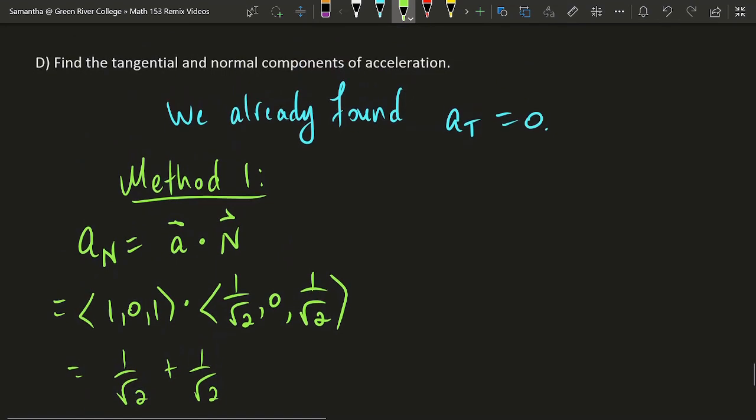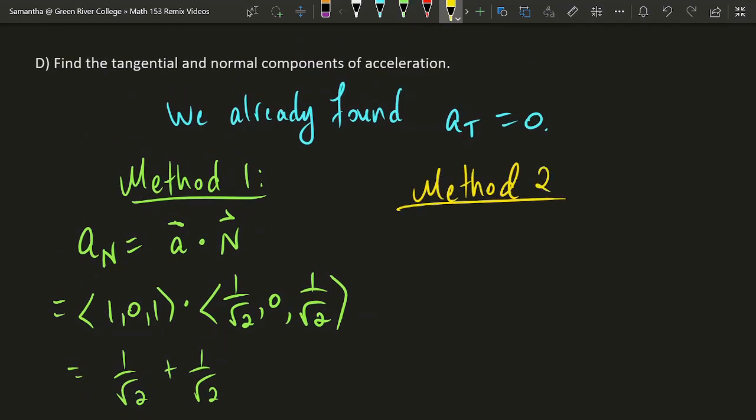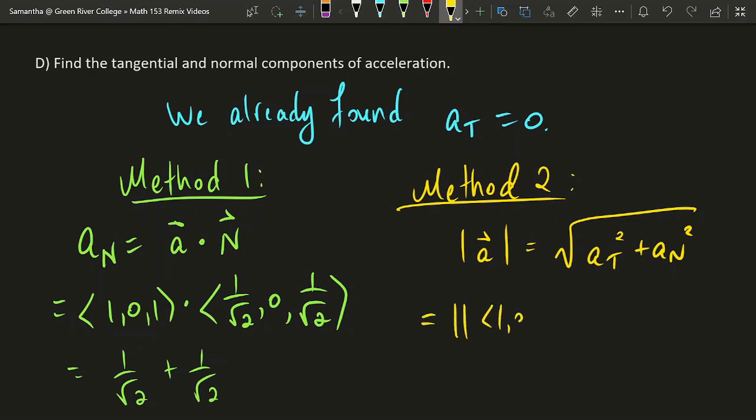An alternative method that could also be used to find the normal component of acceleration is to use the fact that the magnitude of the acceleration vector is equal to the square root of a sub t squared plus a sub n squared. In this particular problem, the magnitude of our acceleration vector is equal to the magnitude of 1, 0, 1, which is equal to the number square root 2.